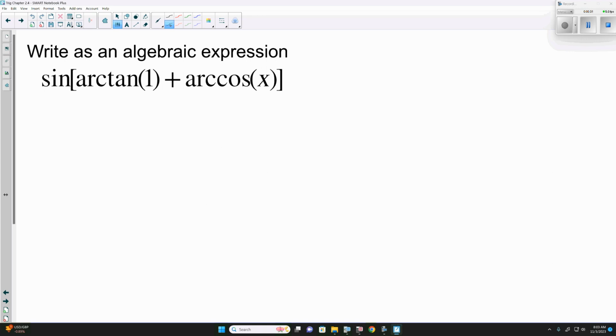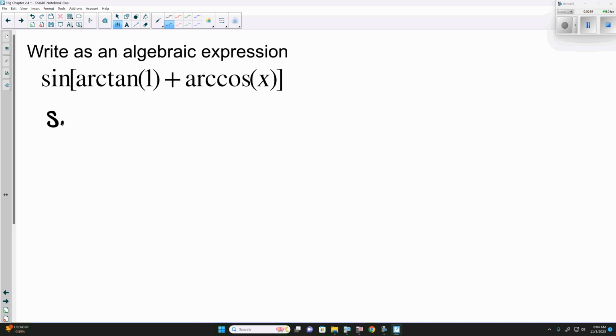So we want to write this as an algebraic expression. Sine of arctangent of 1 plus arc cosine of x. So this is our sine sum identity, sine of alpha plus beta.